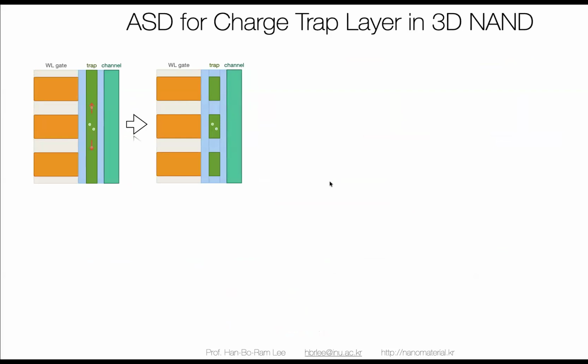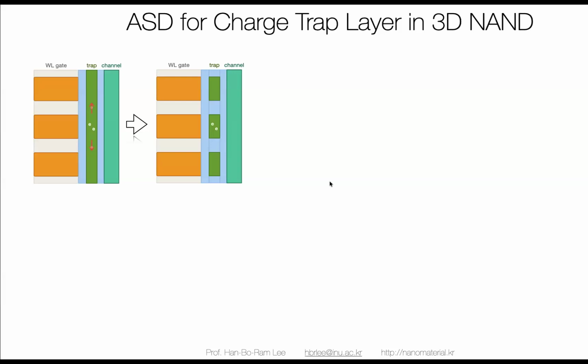As you can see, this is one transistor: gate, source, drain, this is a channel and a trap layer. Conventionally, this trap layer was not discrete, not discontinuous. It is a continuous silicon nitride layer. Because of that, there is a lot of cross-talk.